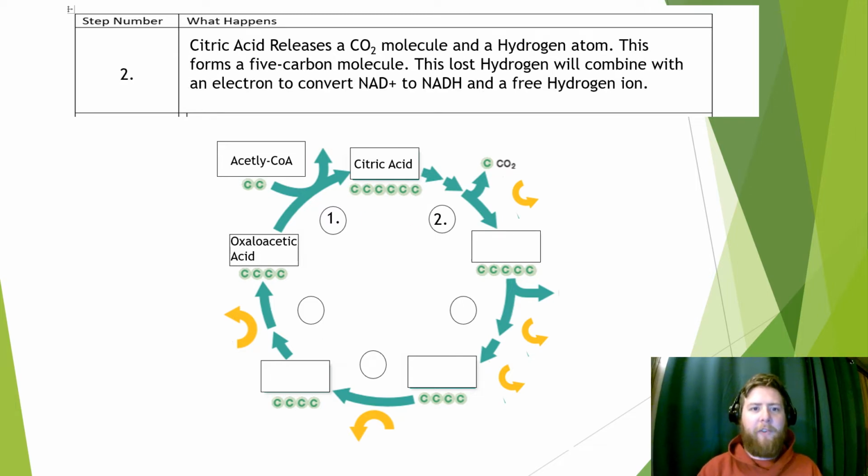All right, step 2: the citric acid releases a carbon dioxide molecule and a hydrogen atom. This creates a 5-carbon molecule: 1, 2, 3, 4, 5. The lost hydrogen combines with the electron to convert NAD+ to NADH and a free hydrogen ion. This is going to go play in the electron transport chain and give us lots of energy there. So this is kind of like an investment. This is going to turn into really good energy.